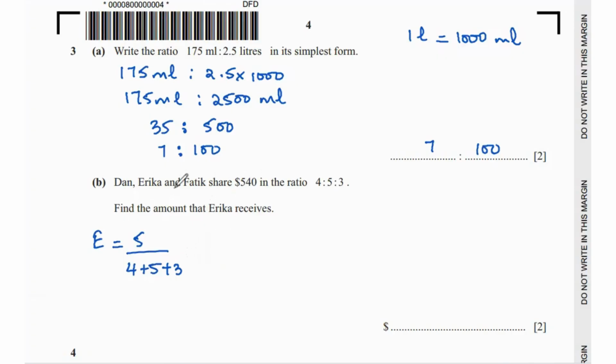So since we're referring to Erica, Erica has 5 assigned to her, and the denominator is the sum of 4 plus 5 plus 3, which is 12. So 5 over 12, and then to find her share, we times it by 540. So that leaves us with $225. Simple as that.